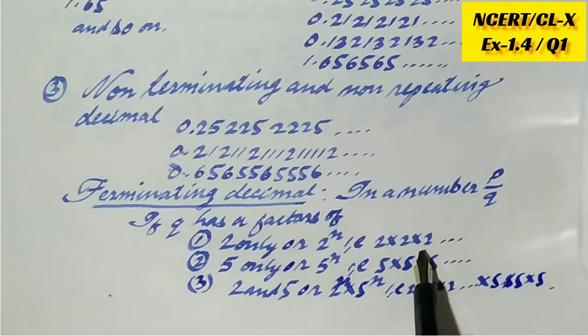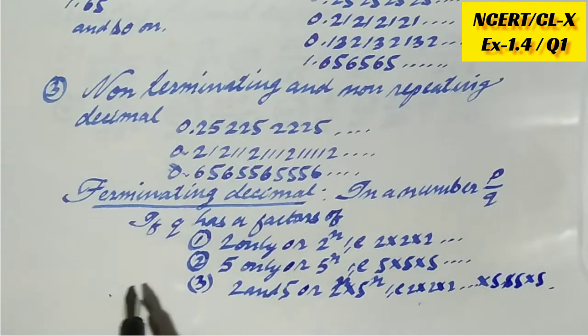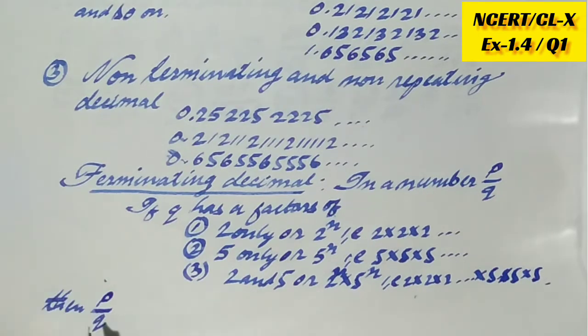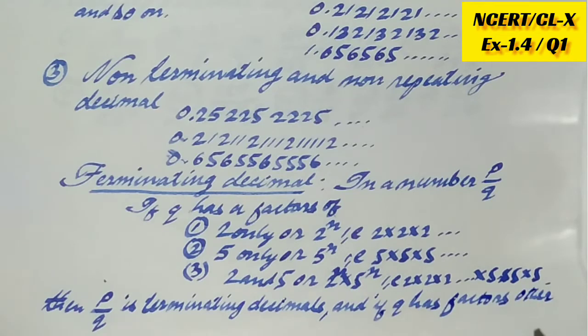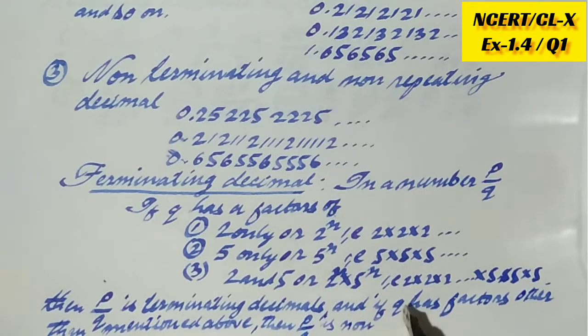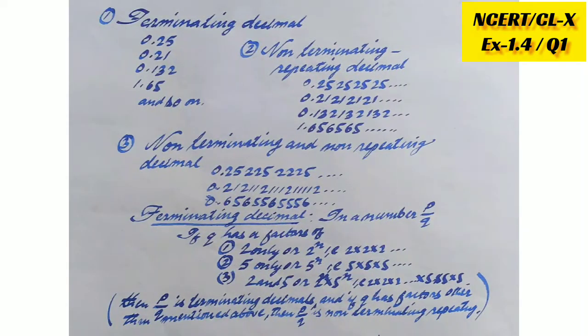What it actually means is that if the denominator q has a factor of 2, or a factor of 5, or factors of both 2 and 5 in any number, that means it should have only 2 and 5 as factors, then such a number has a terminating decimal expansion. Listen carefully. And if q has factors other than those mentioned above, then p by q is a non-terminating repeating decimal.